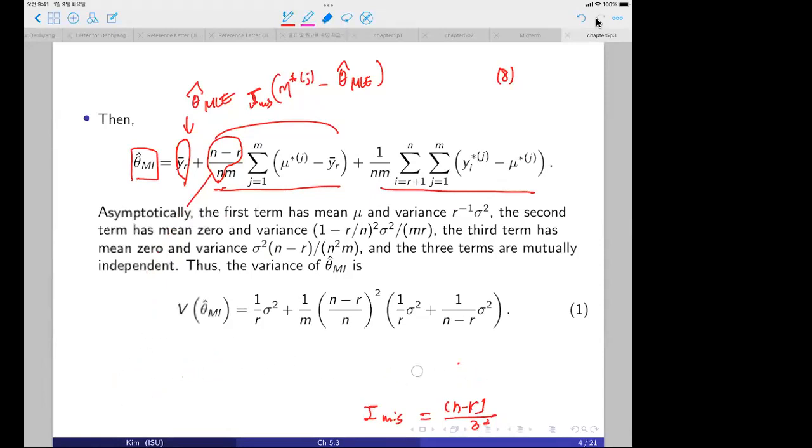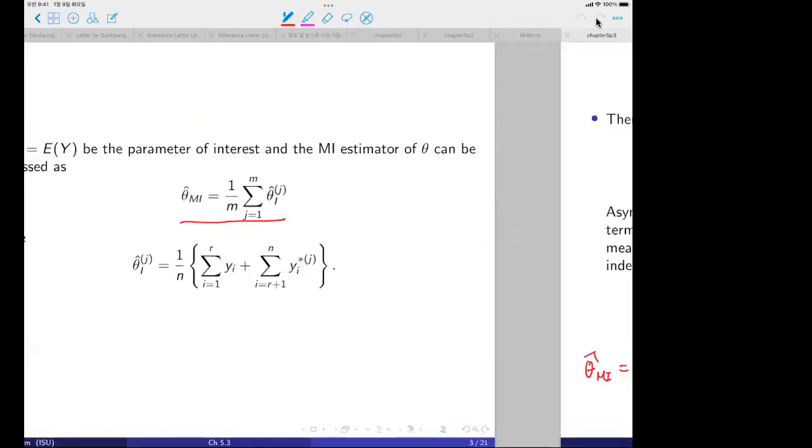You cannot just believe this; we need to check. So what is eta hat MI? Eta hat MI is the average over J equal to 1 to M of zeta hat I, J. That's exactly this one.